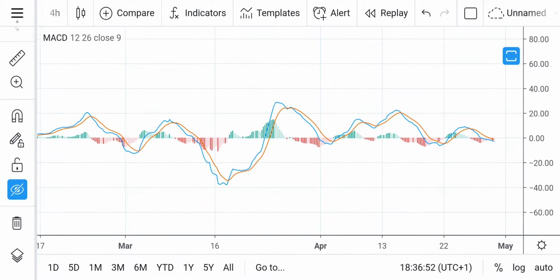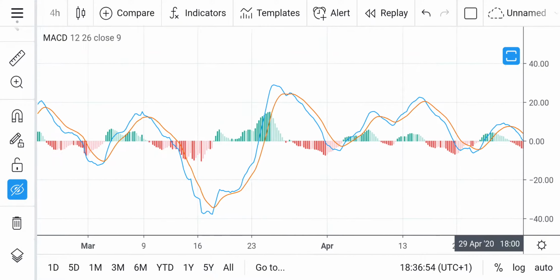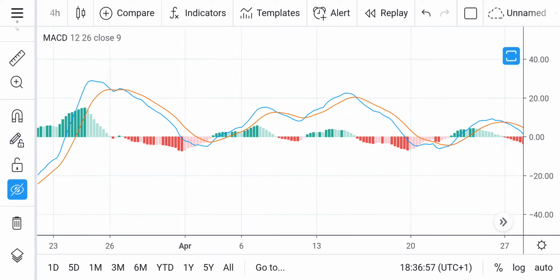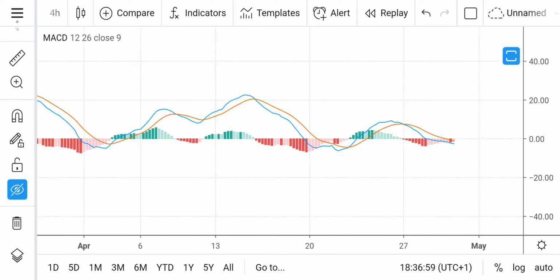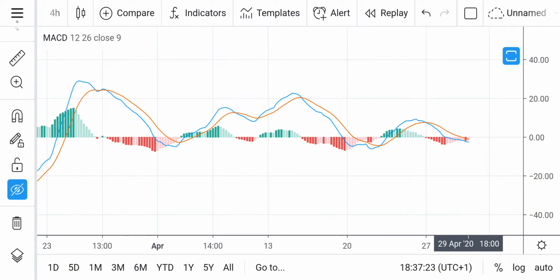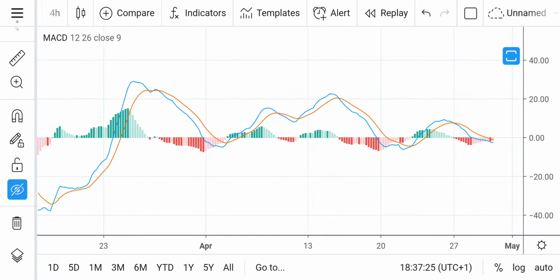So the blue line represents your MACD line, the orange line represents your signal line, and the red and green bars represent your histogram.